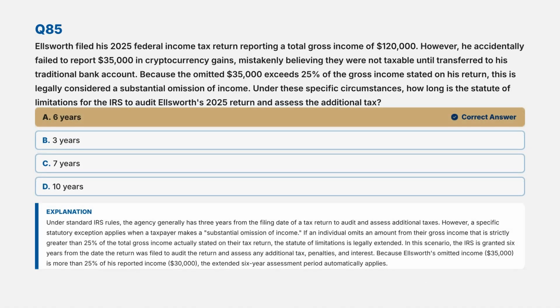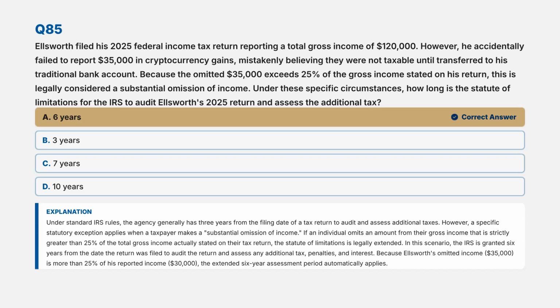6 years. Under standard IRS rules, the agency generally has 3 years from the filing date of a tax return to audit and assess additional taxes. However, a specific statutory exception applies when a taxpayer makes a substantial omission of income.